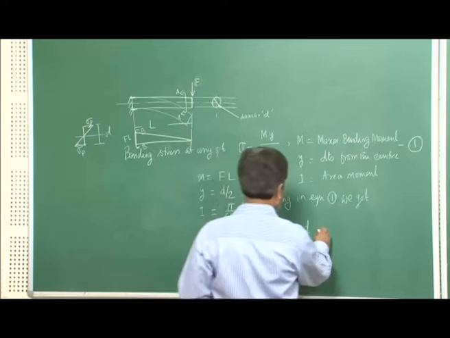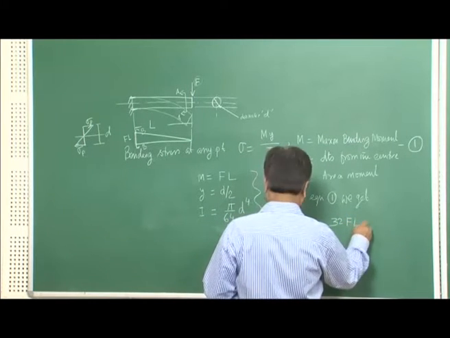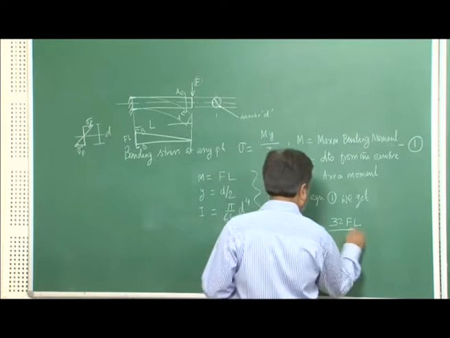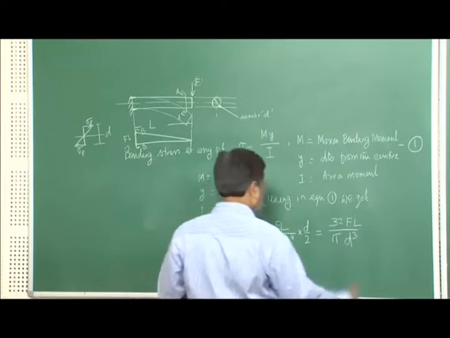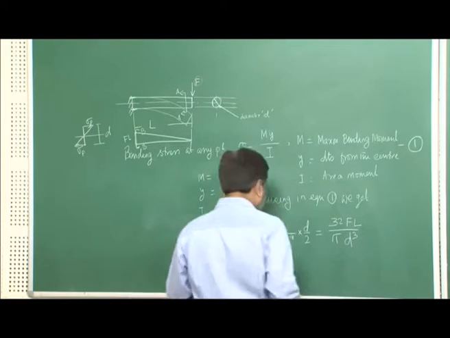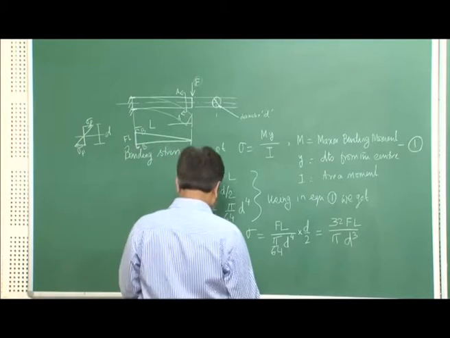That is, it will come out to be 32 FL by pi d cubed. That is the stress versus d relationship.